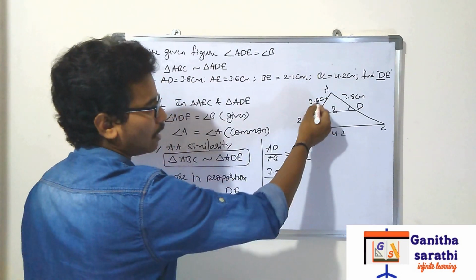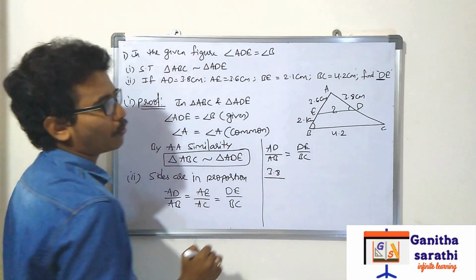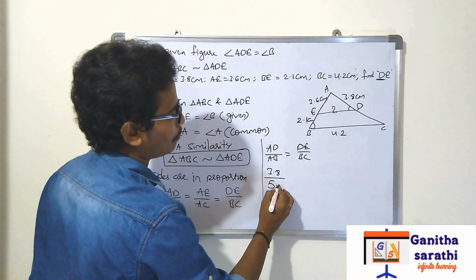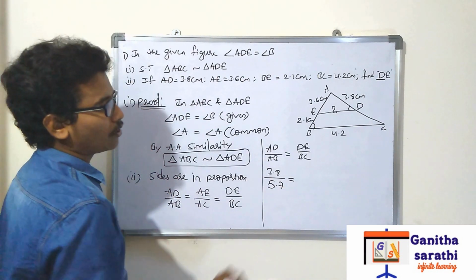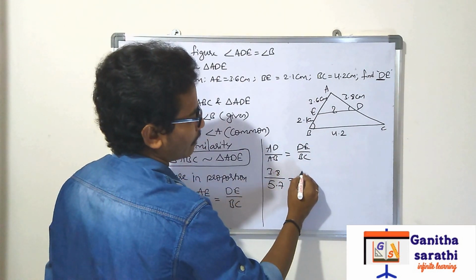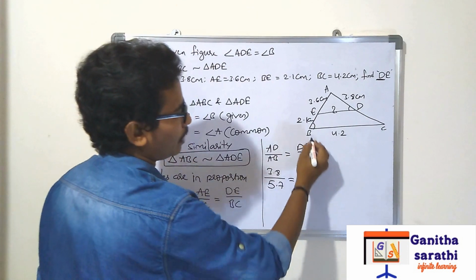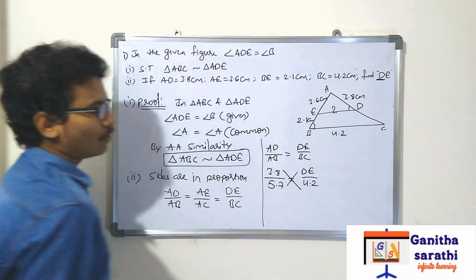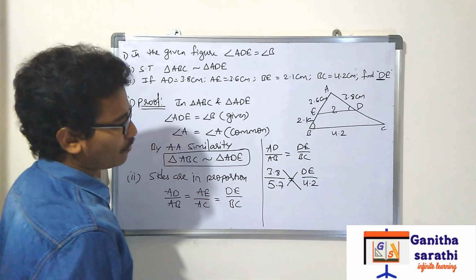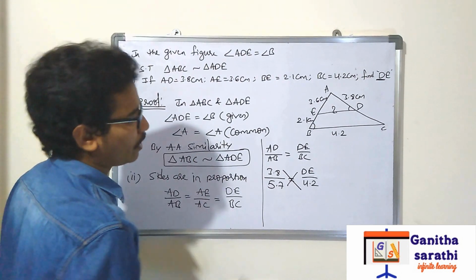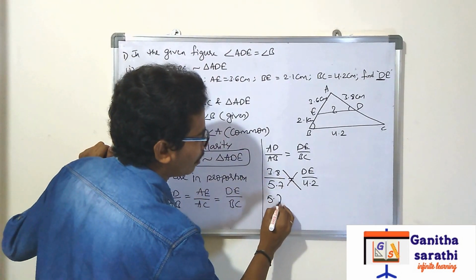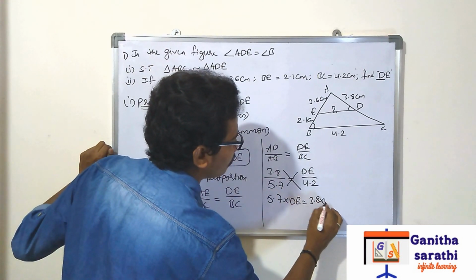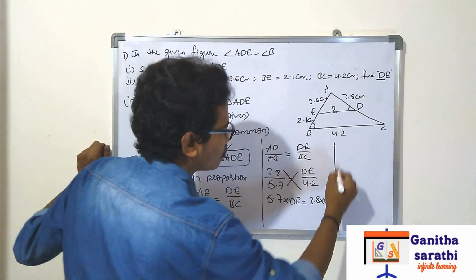AB value: add 3.6 plus 2.1. How much? 5.7, right? 5.7 is equal to DE, whose value we have to find. Keep DE as DE only. BC value is 4.2. What should you do? Do cross multiplication. 5.7 into DE is equal to 3.8 into 4.2. Right.